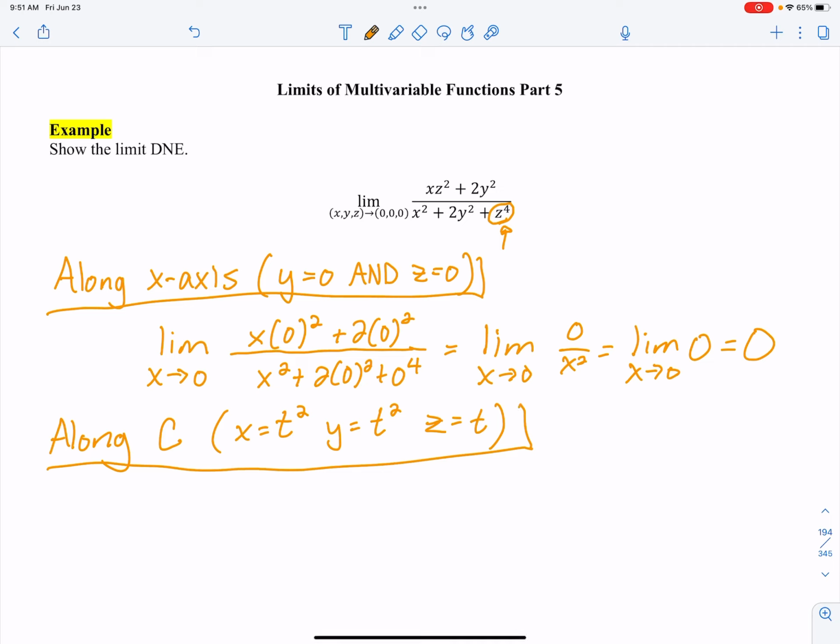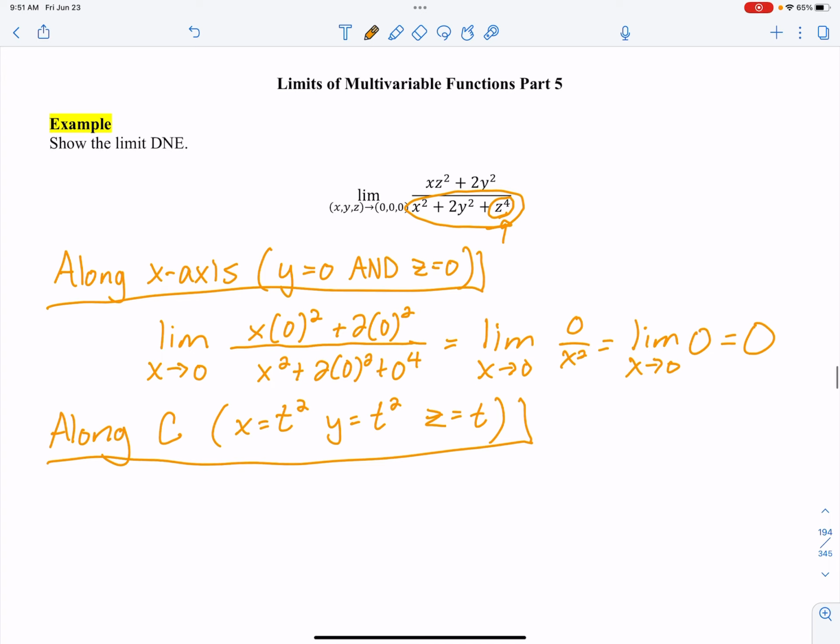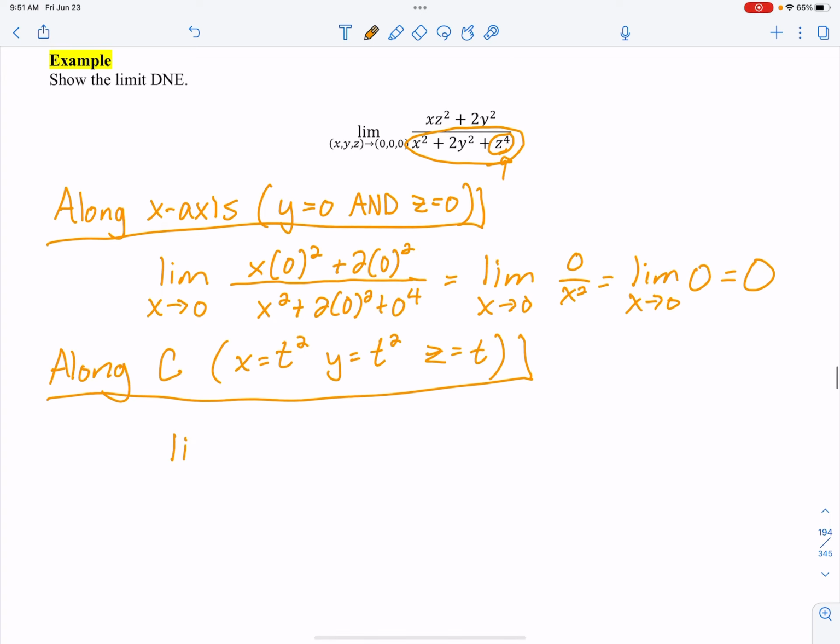All I did is try to create my denominator, make my denominator able to add all my terms up. So I've made them all become t to the 4th. All right, so let's plug all that in. The t is still going to 0, right? If we look at all of these, as t goes to 0, x, y, and z go to 0, so we're good there. And then now I'm going to go through and replace. On the bottom, I'm going to have t to the 4th plus 2t to the 4th plus t to the 4th.